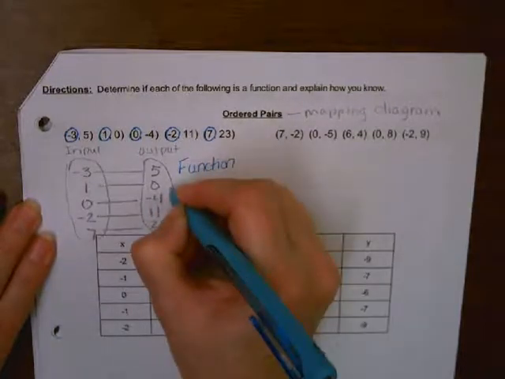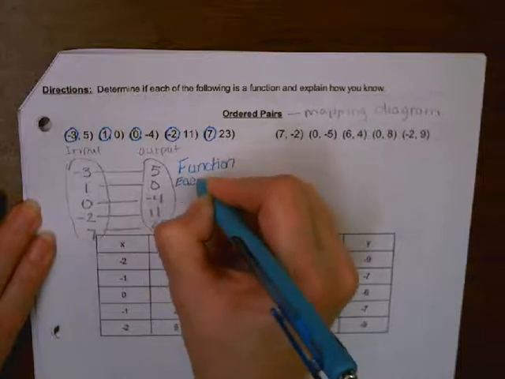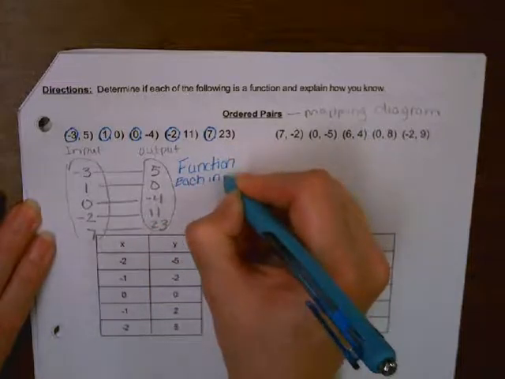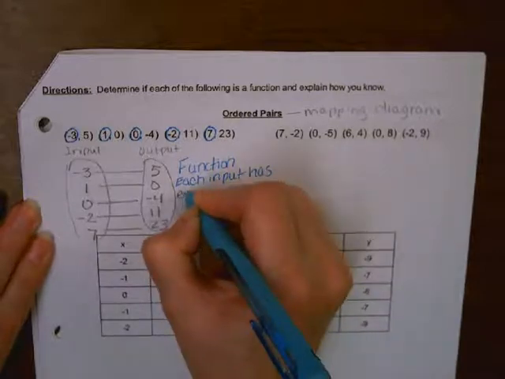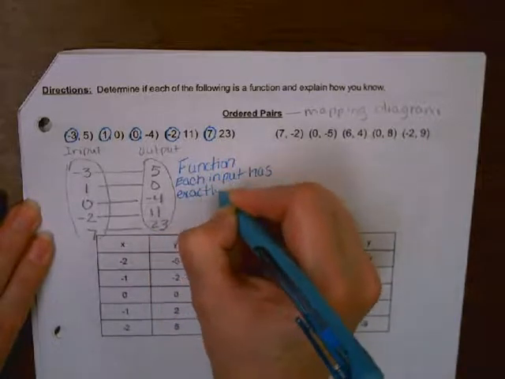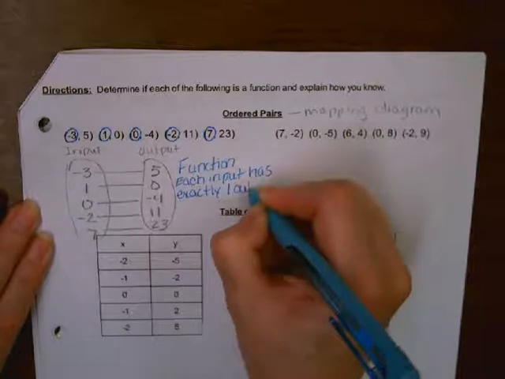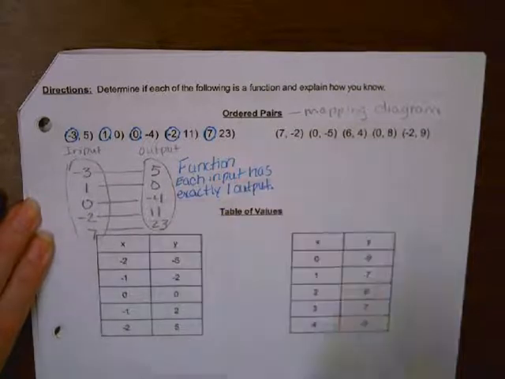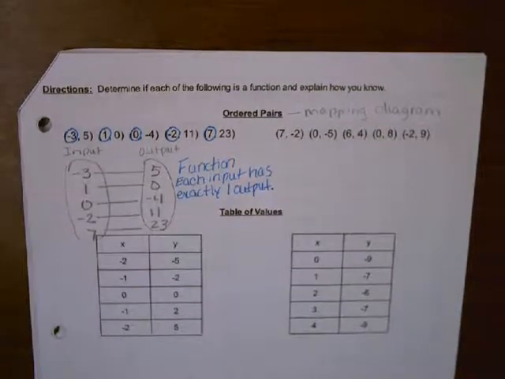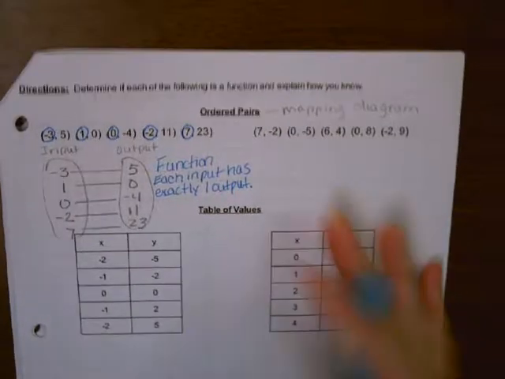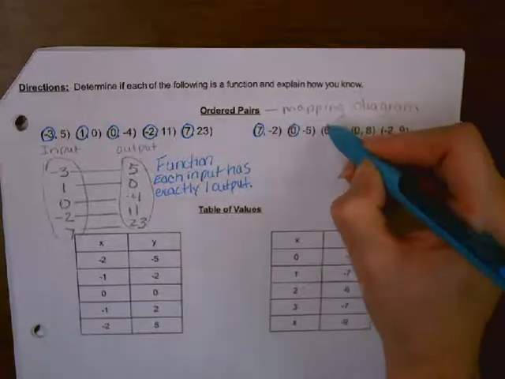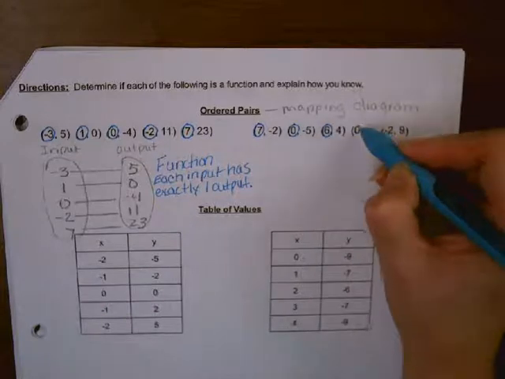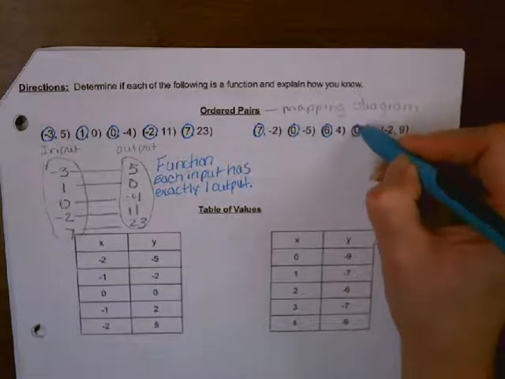So I like to take a look at each one of my inputs. Do I have any of these numbers that are the same? I have no other -3s here. None of my numbers are the same. I definitely have a function because each input has exactly one output. Okay? Take a look at this one. I have a 7 and a 0 and a 6 and a 0. I'm going to stop for a second.